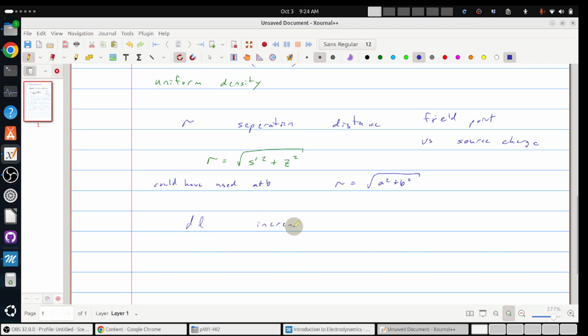So my incremental length for this particular problem is s d phi.